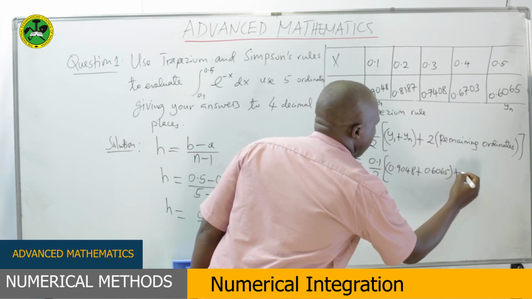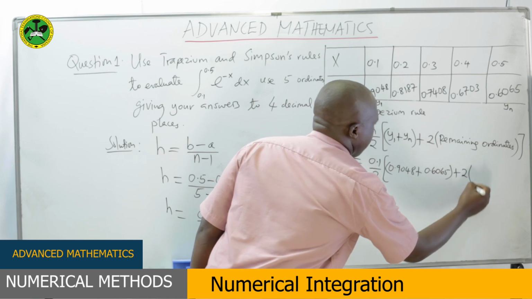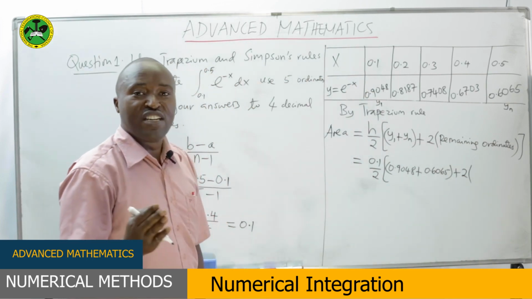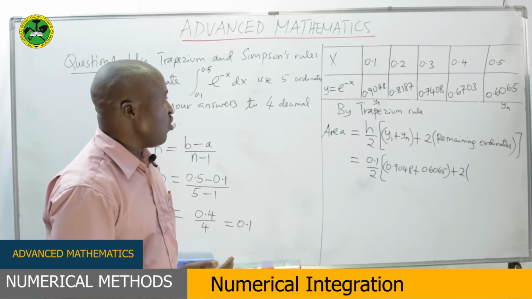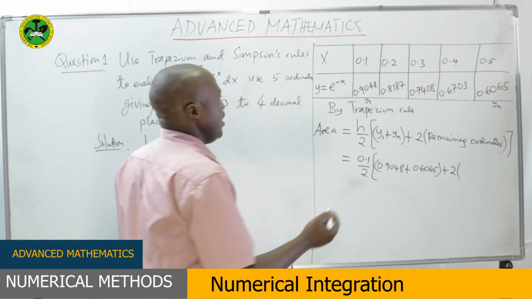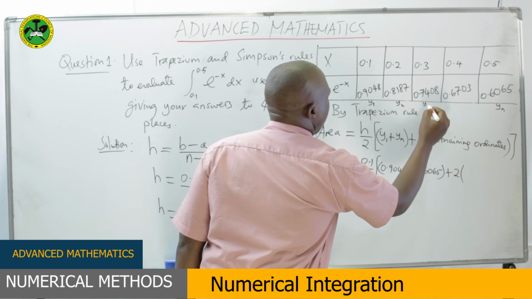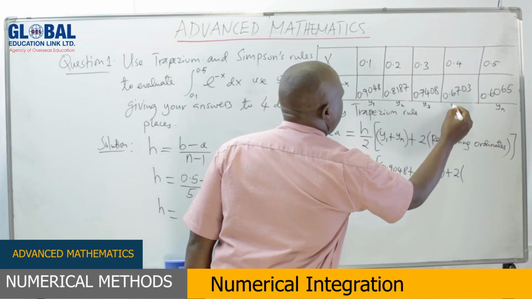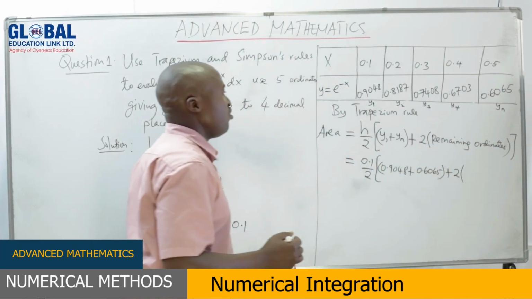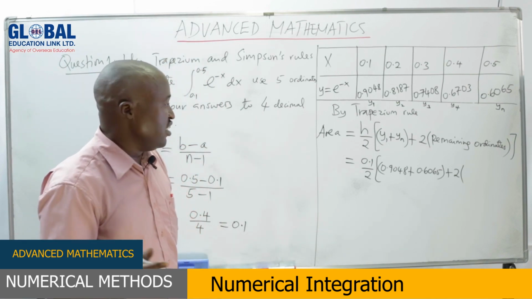Then followed by twice times the sum of the remaining ordinates. Now what are the remaining ordinates? Here we have y2, y3, and y4.